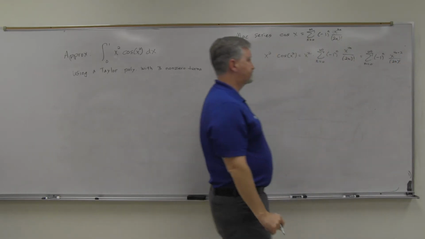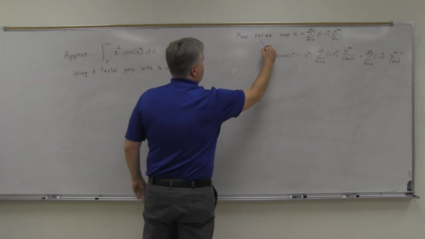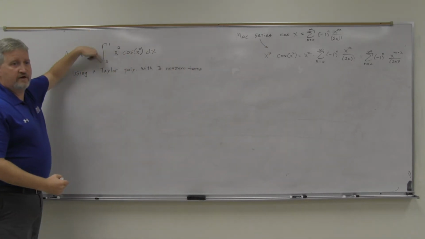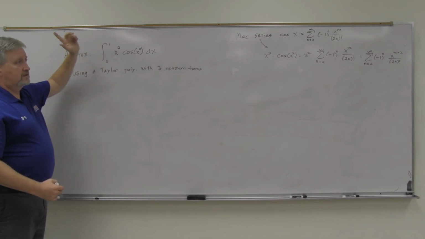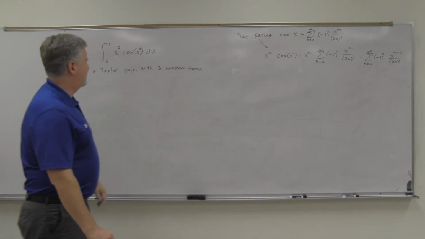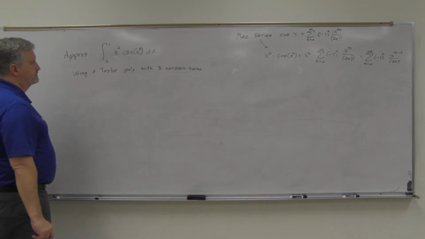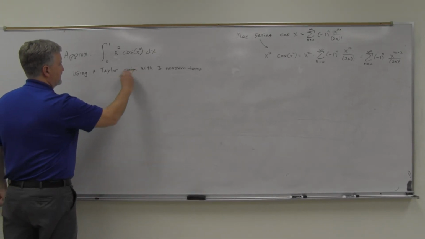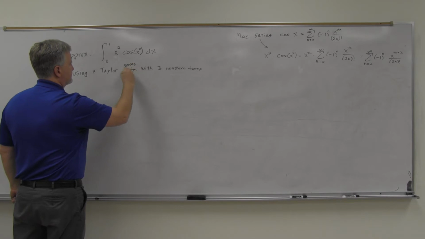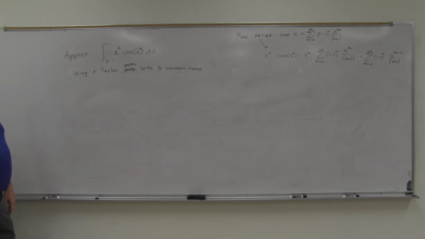Well, that would be the Maclaurin series for that. And since I'm centered at around 0, let's just use that. It says use a Taylor polynomial, but let's just call it a Taylor series with 3 non-zero terms.